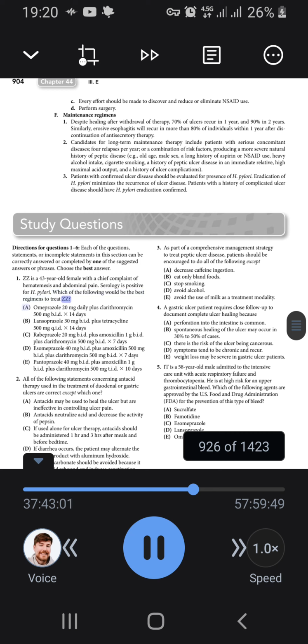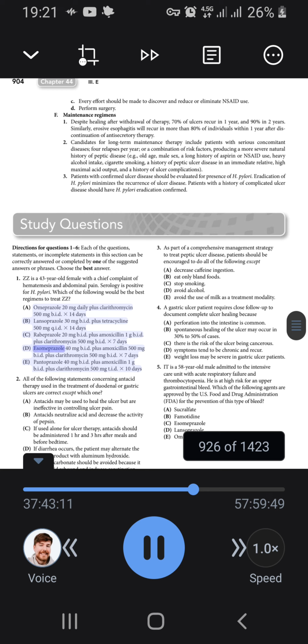A. Omeprazole 20 mg daily plus clarithromycin 500 mg b.i.d. for 14 days. B. Lansoprazole 30 mg b.i.d., tetracycline 500 mg q.i.d. for 14 days. C. Rabeprazole 20 mg b.i.d. plus amoxicillin 1 gram b.i.d. plus clarithromycin 500 mg b.i.d. for 7 days.